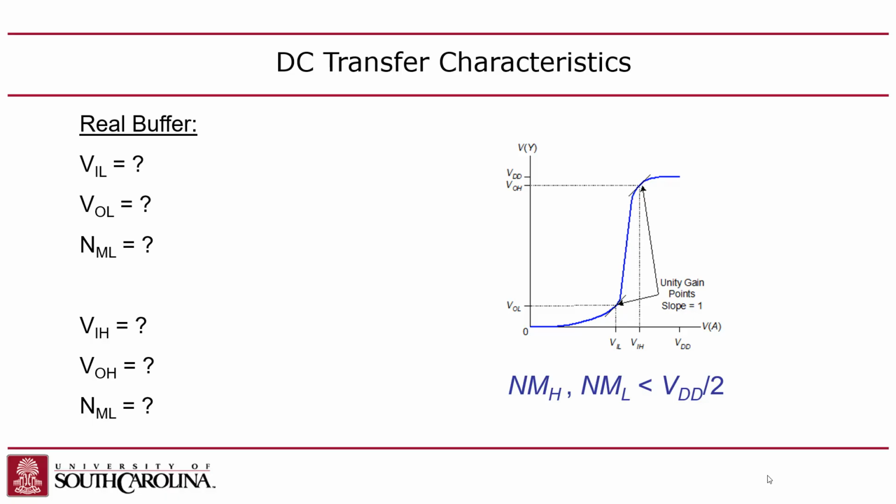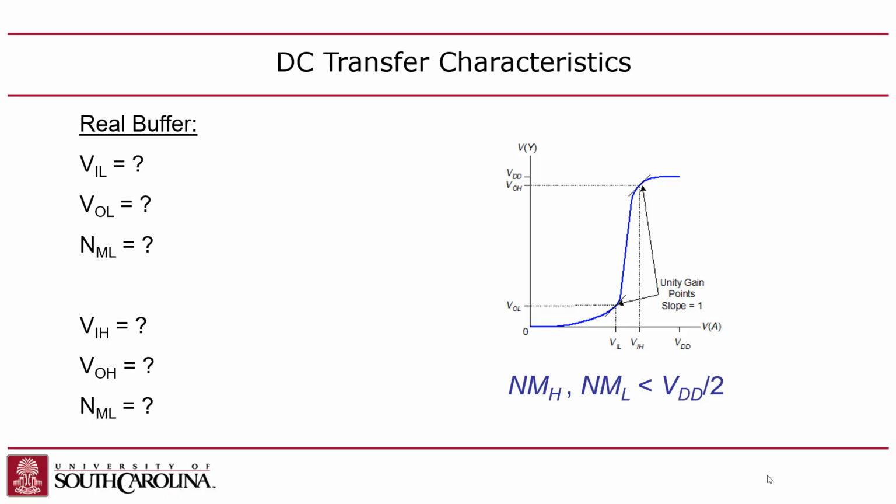The VIL depends on the technology, but let's just say this might happen around 700 millivolts, or 0.7 volts. The transistors kind of become unlocked, and then you get this unity gain. But right at that unity gain, the output voltage is still pretty low. It's lower than 700 millivolts, maybe 100 millivolts or less.